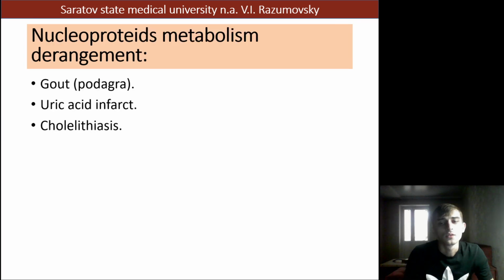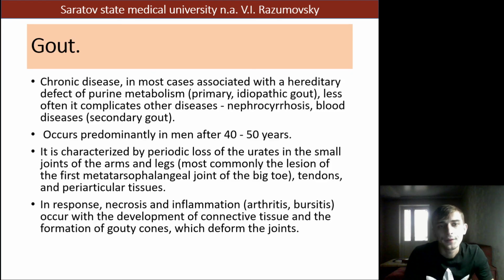So, right now we should talk about nucleoprotein metabolism disorders. They include gout or podagra, uric acid infarct, and urolithiasis. Gout is a chronic disease, in most cases associated with a hereditary defect of purine metabolism, primary idiopathic gout. Less often it accompanies other diseases, for example nephrocirrhosis and blood diseases.